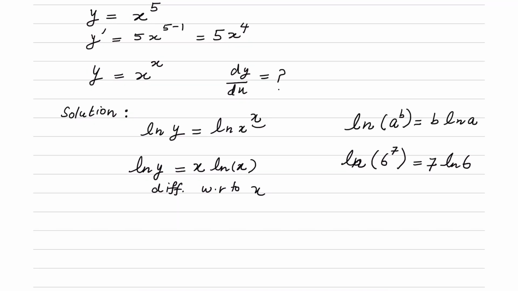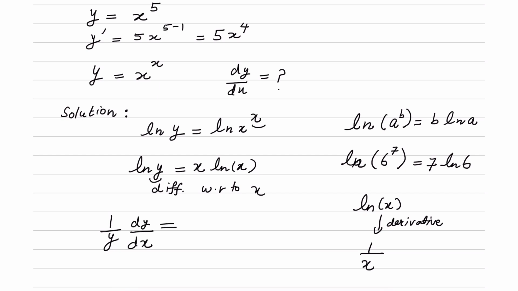Derivative of ln x with respect to x is 1 over x. So here, back to our question, derivative of ln y is 1 over y, and then the derivative of y with respect to x. Now we have to find the differentiation of x into ln x with respect to x.